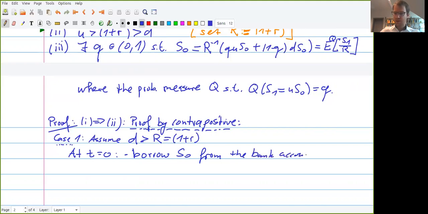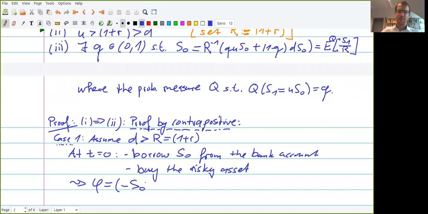So go to our bank account, we borrow it there, and we buy the risky asset. So now with our notation, we can write this mathematically very simple. So this means we take our trading strategy phi, which is minus S0. So this is the position we have in the bank account, and one risky asset.